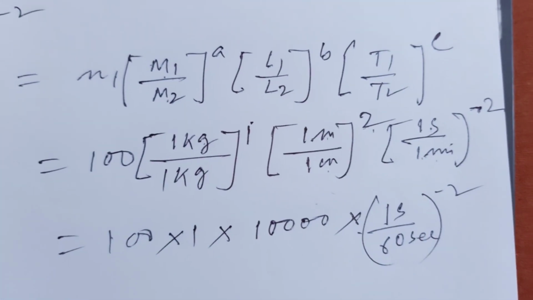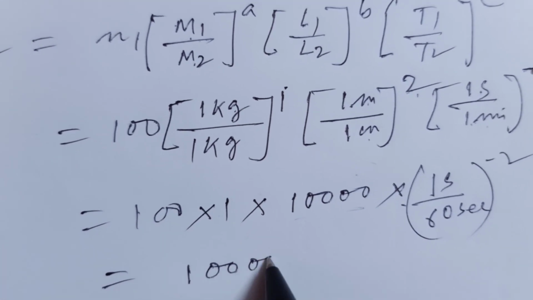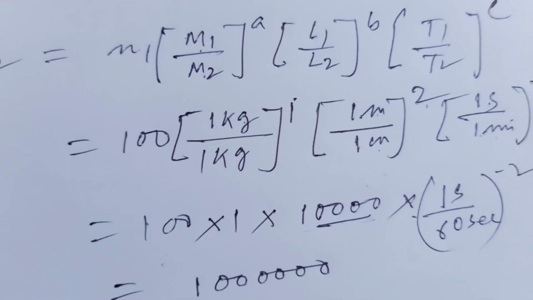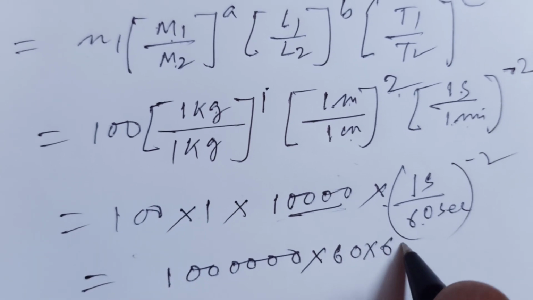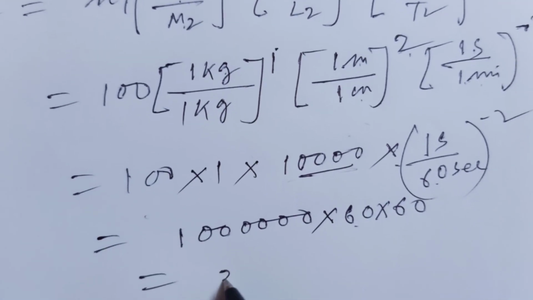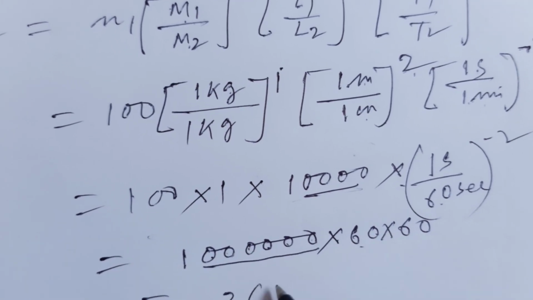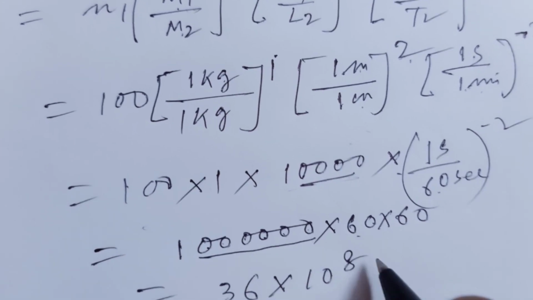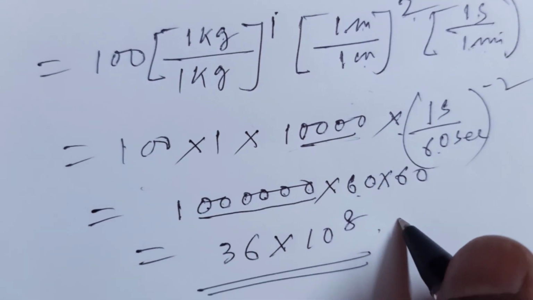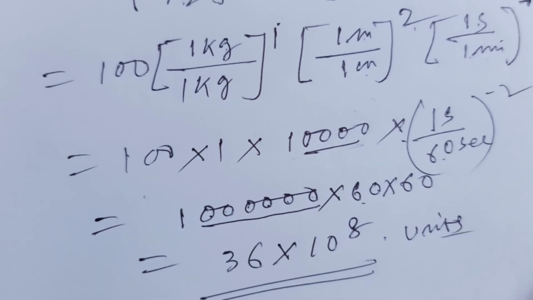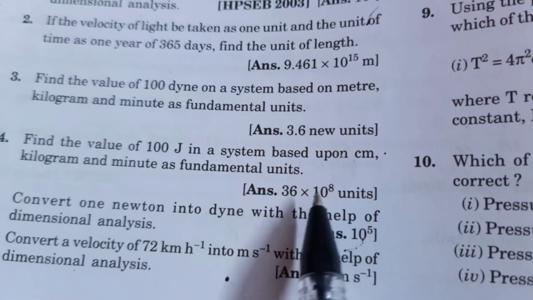So 60 goes in the numerator, that gives 6 into 60 squared, which is 60 into 60, 36, and then 10 to the power of 8. This is the numeric value, 36 into 10 to the power 8, and this is the unit. Check the answer. Yes, this is 36 into 10 to the power 8 unit.